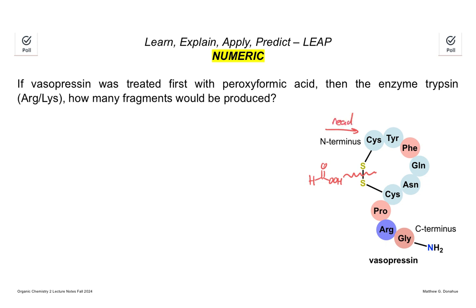So anytime we hit arg or lys, we include it and then cleave. So there's an arg, so we would cleave there, and that should get us 2 fragments.